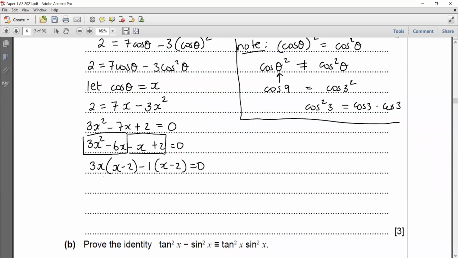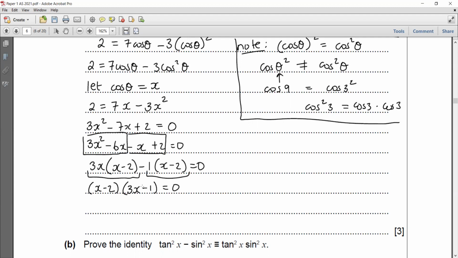Okay, and then we factorize again. So you may not from class have done it that way where you say you're factorizing again, but that is in fact what you are doing. You're looking at these two terms, these two, and saying, what do they have in common? They have the bracket in common. So you can take x minus 2 out, and then you say x minus 2 divided by this first term, you get 3x, and then negative 1 x minus 2 divided by x minus 2, you get -1.